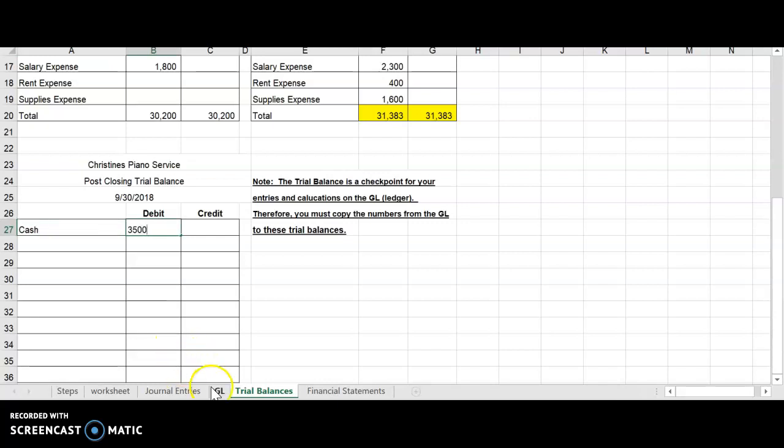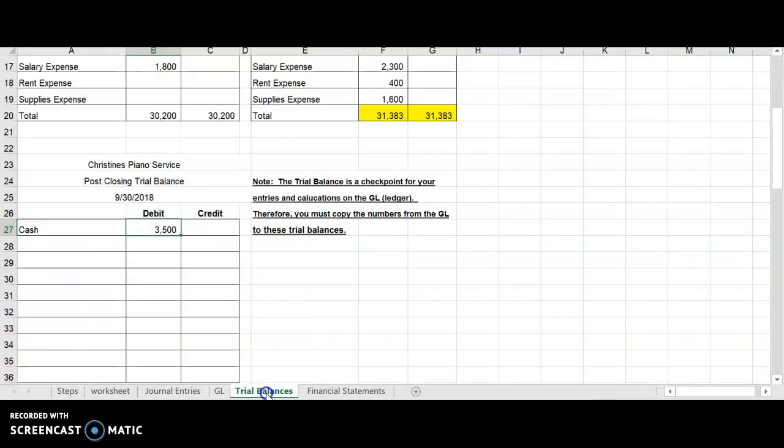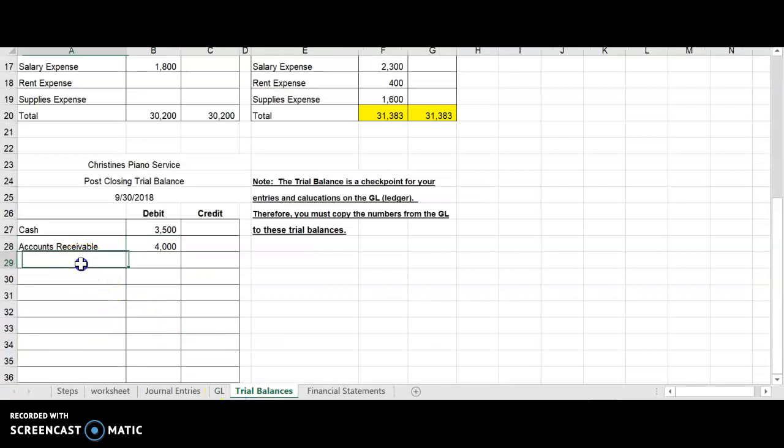Let's see what's next. It looks like accounts receivable of $4,000. And prepaid rent, a debit balance of $800.